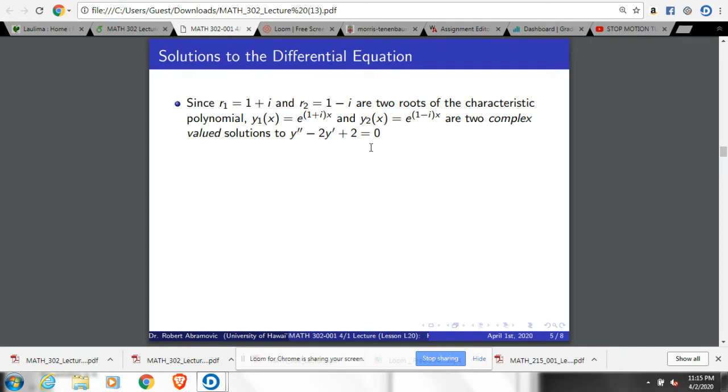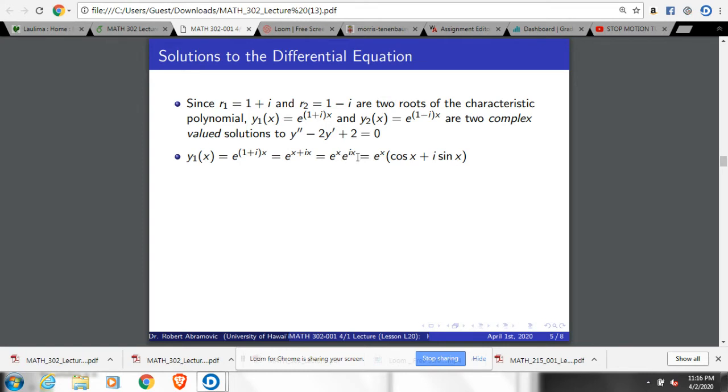e to the (1 plus i) times x and e to the (1 minus i) times x. Now if we rewrite this, e to the (1 plus i)x is the same as e to the x plus ix. We can factor e to the x.